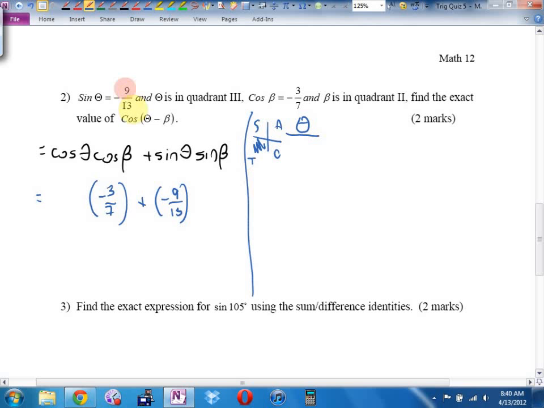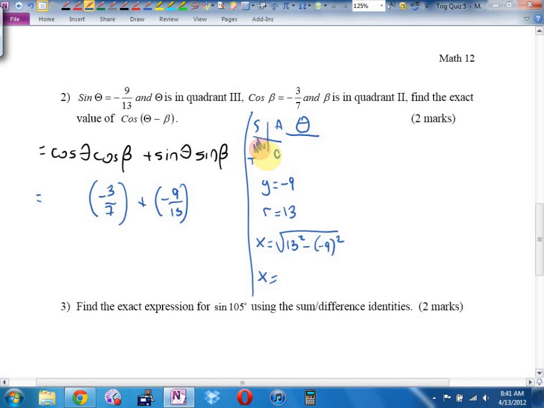When they told me sine, what they really said was that y equals -9 and r equals 13. What does x equal? Well, it's going to be the square root of 13 squared minus -9 squared.